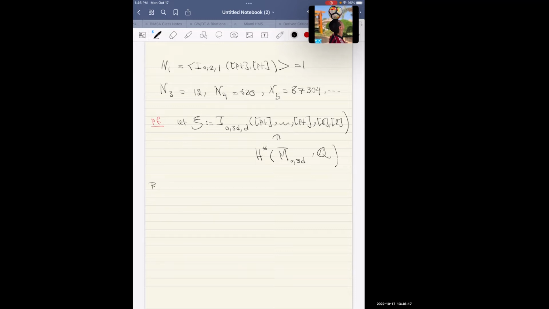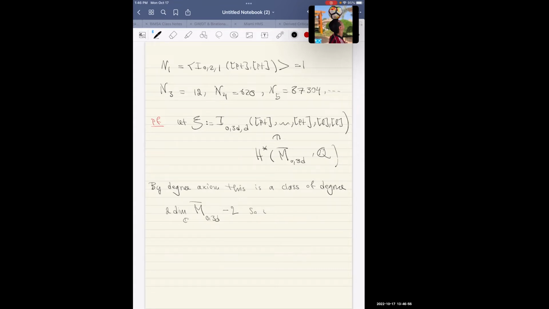So by the degree axiom, this is a class of degree, so 2 times the dimension over complex numbers of M bar 0 3D minus 2.